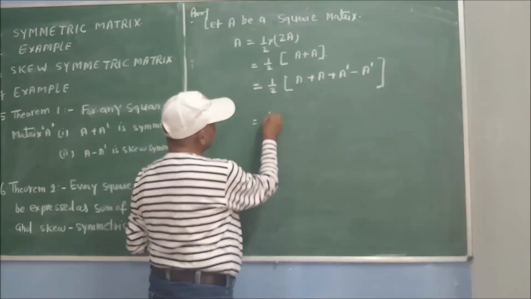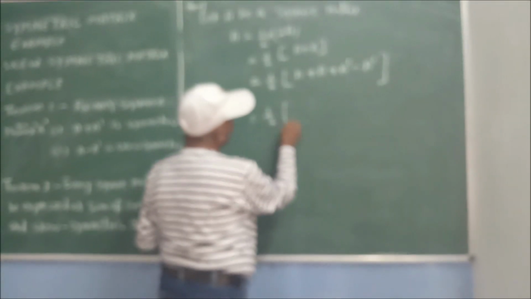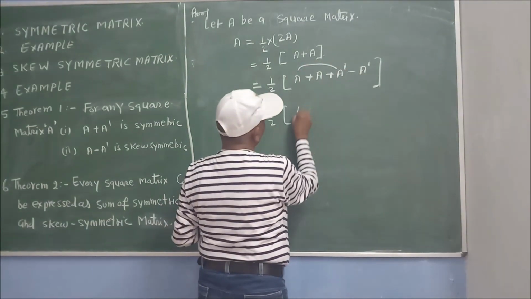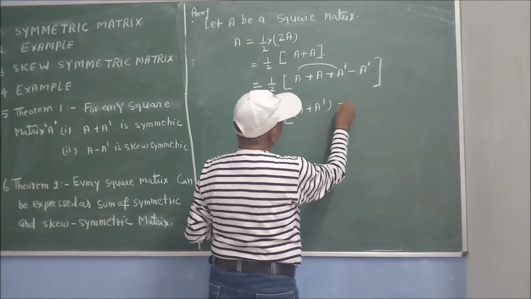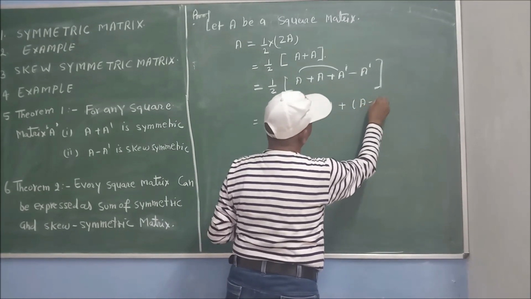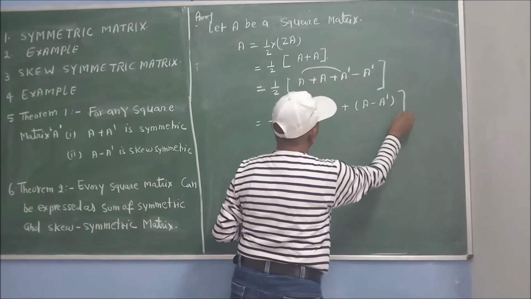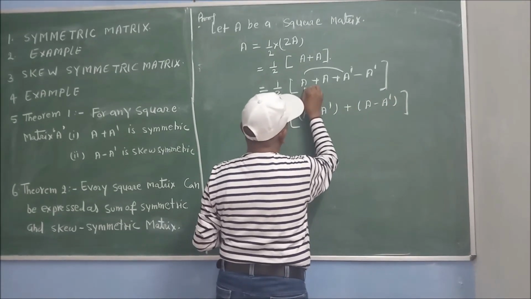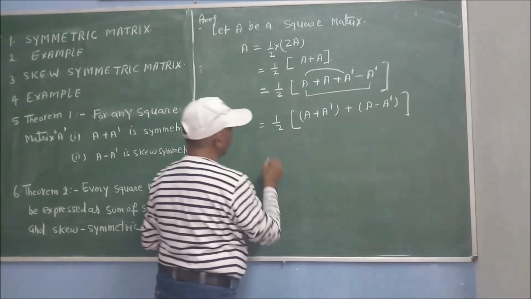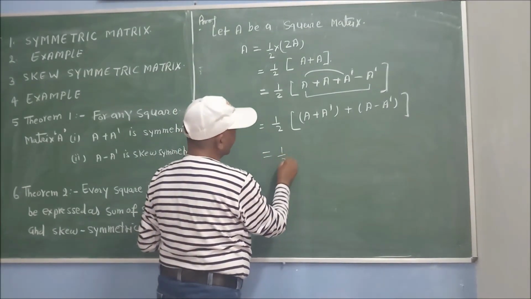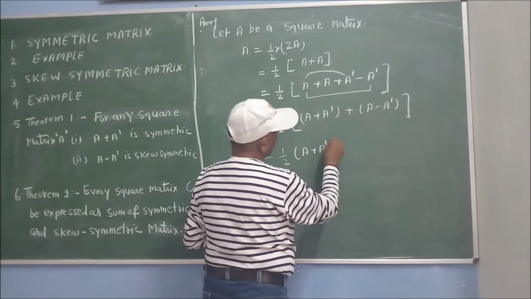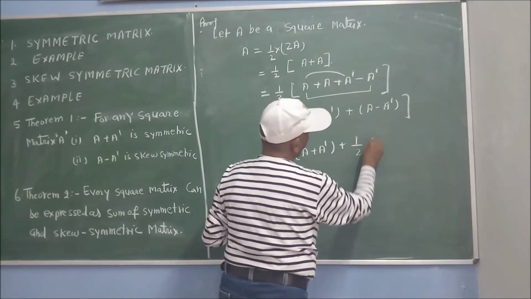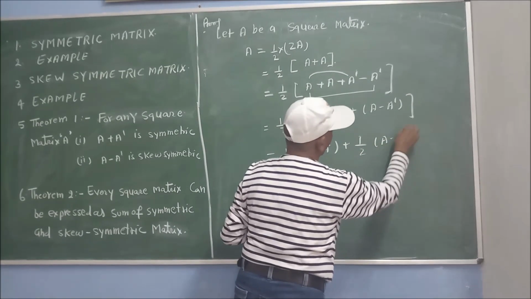So this can again be written as 1 by 2 into, take these two terms, A plus A dash in our first bracket, and A minus A dash in the second bracket. These two are written together. So this can be written as 1 by 2 (A plus A dash) plus 1 by 2 (A minus A dash).